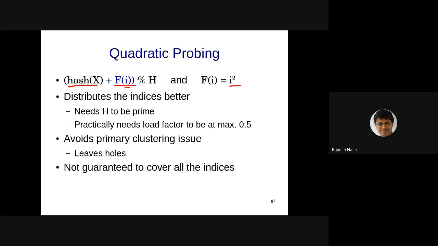You are not going to cause this primary clustering problem. But as soon as it goes to k, suddenly the clusters will get formed. So it's going to be, in some sense, a sudden shift from an efficient mechanism to a non-efficient one as soon as k conflicts occur.